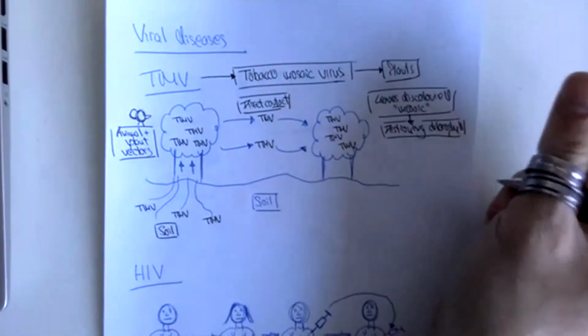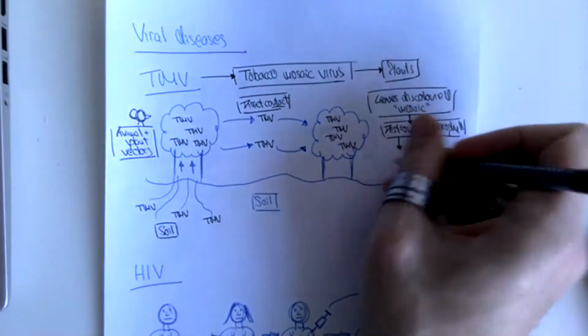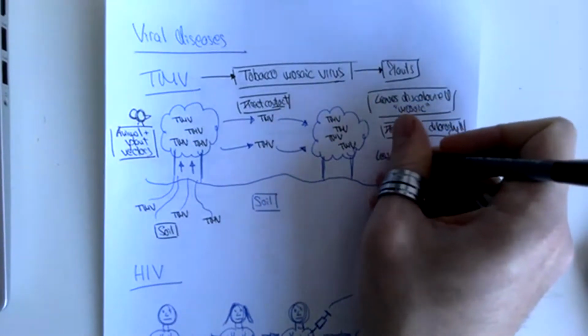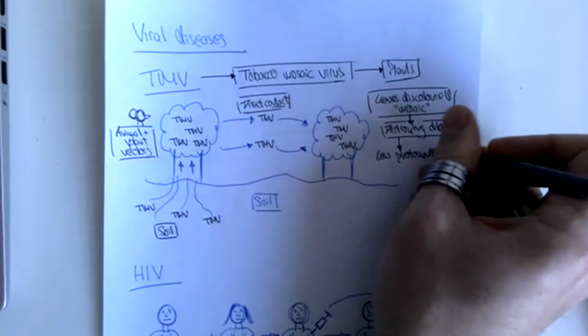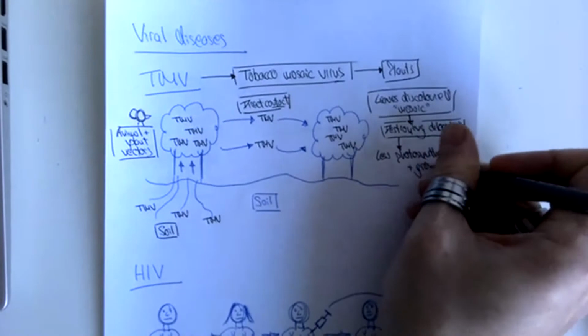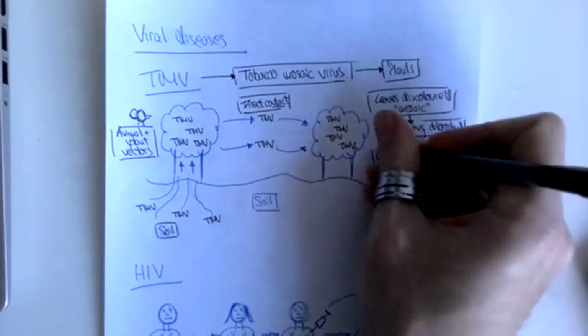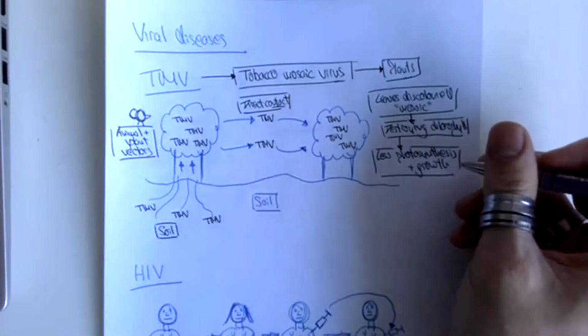Now, if the chlorophyll has been destroyed, there's obviously less photosynthesis and less growth from plants that have TMV infections. There's obviously chlorophyll and chloroplast at the site of photosynthesis.